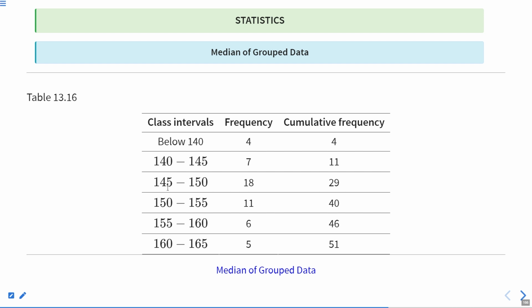For 145 to 150, frequency is 18 and cumulative frequency is 29. For 150 to 155, frequency is 11 and cumulative frequency is 40. For 155 to 160, frequency is 6 and cumulative frequency is 46. And for 160 to 165, frequency is 5 and cumulative frequency is 51.